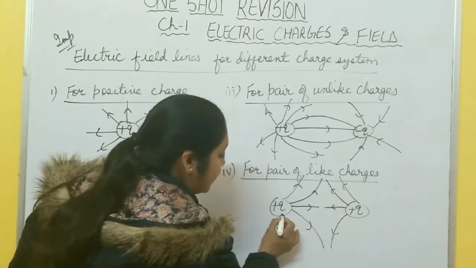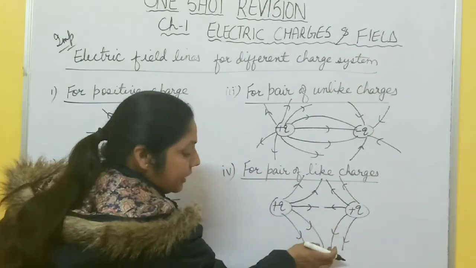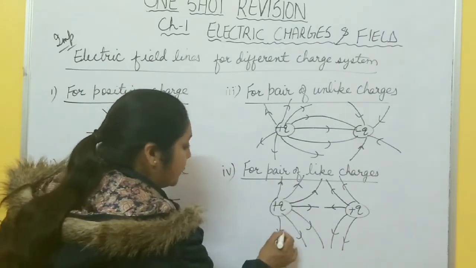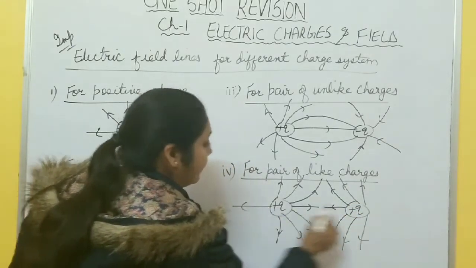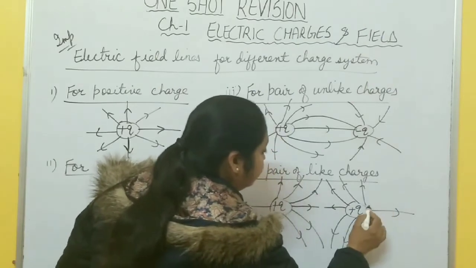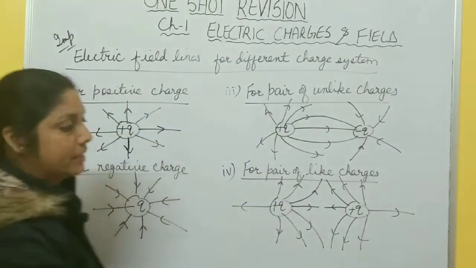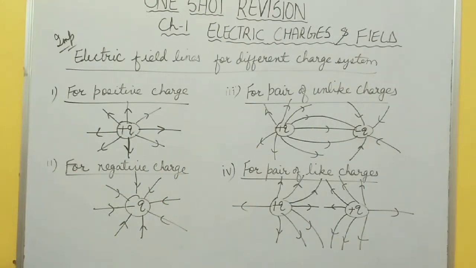Because two field lines never intersect each other and these two are positive, so they repel each other and it bends in path like this. So for two like charges, electric field lines are like this, right? And if there are two negative charges, just change the direction, it is towards the charge system. So these are electric field lines for different charge systems. Hope you understood.